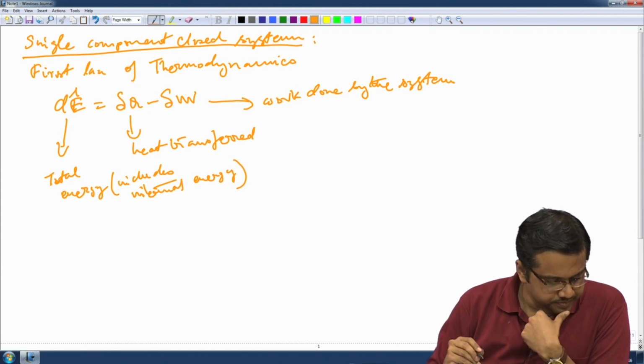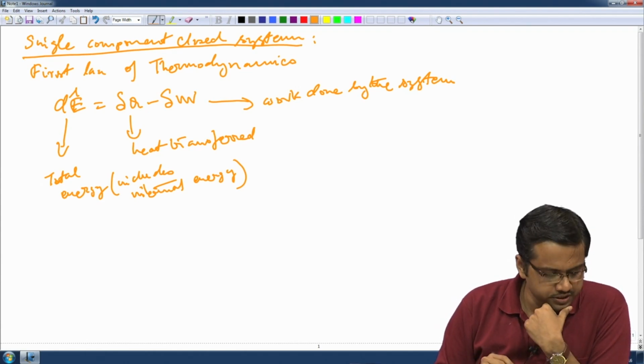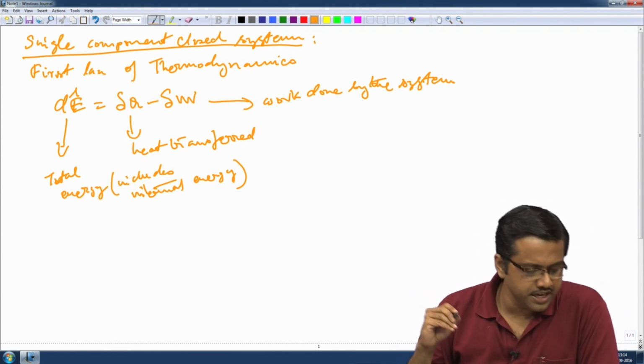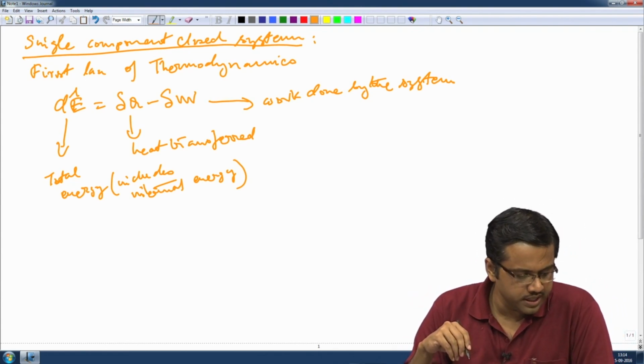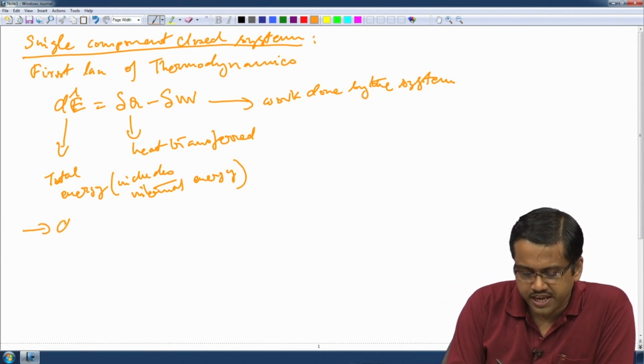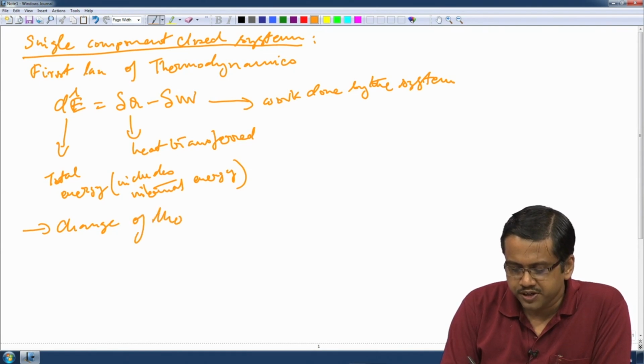As we can see from this particular expression, the change of thermodynamic properties depends on the initial and the final states only and not on the path. This we already know.